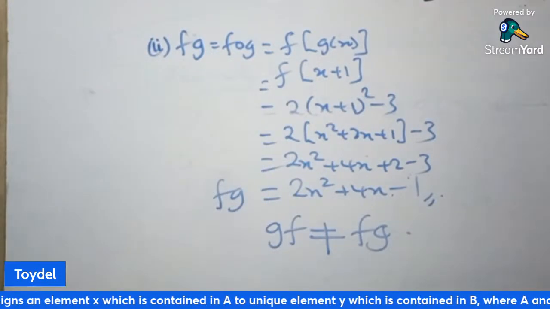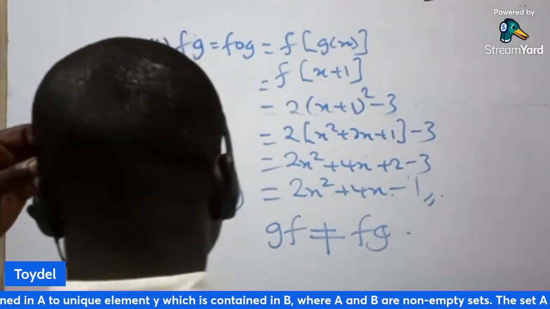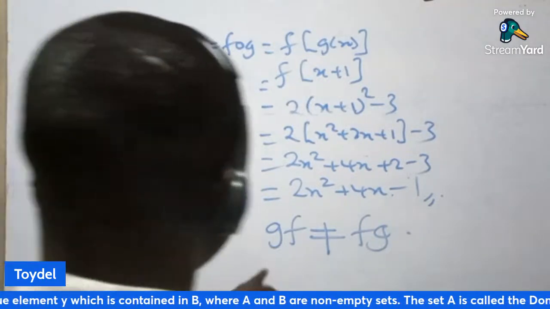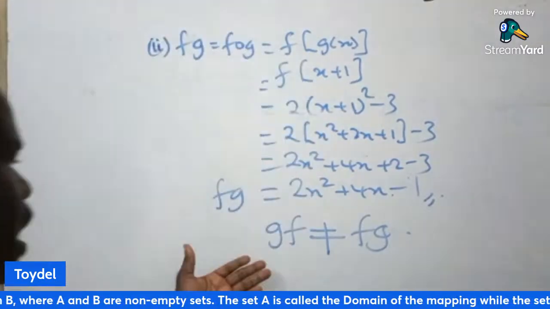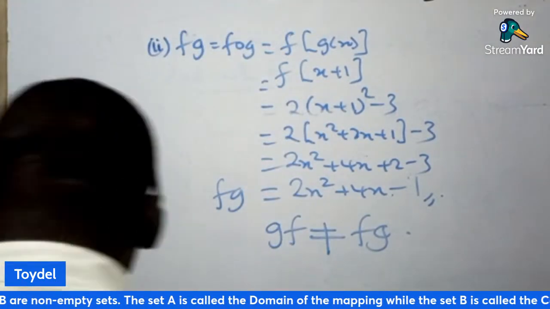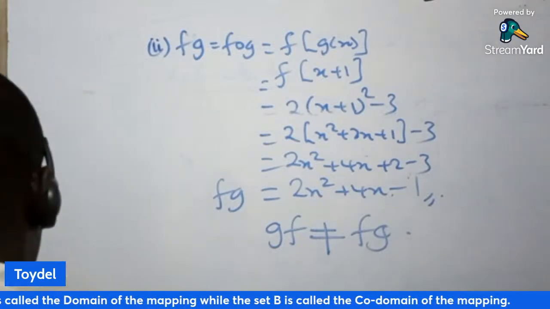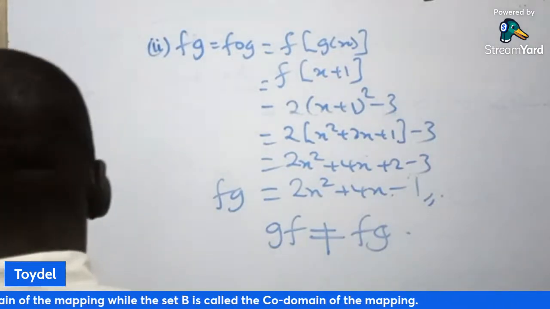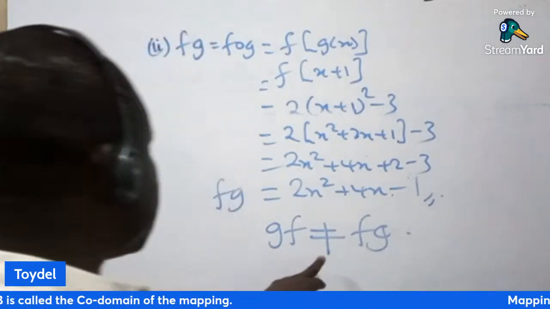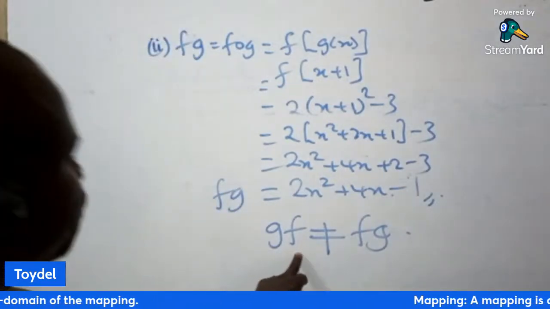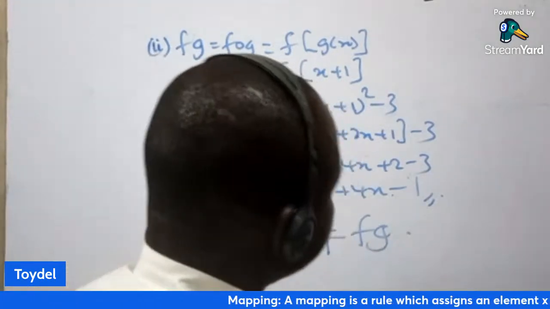So please, we should note that it is possible in some cases, but it's not equal in general. And that has to do with this commutative property. When we discuss binary operation, we talk about commutative property. So we should note that the operation of composition of two mappings is not commutative in general. So in this case now, we can talk about commutativity property here, g of f. If this is commutative, it simply means that g of f must be equal to f of g.